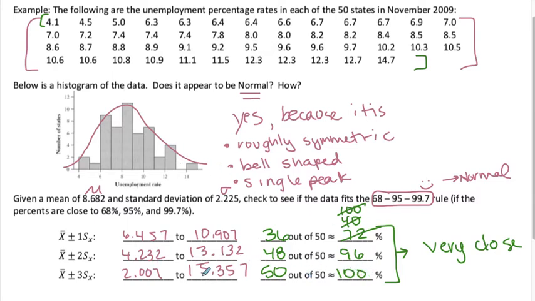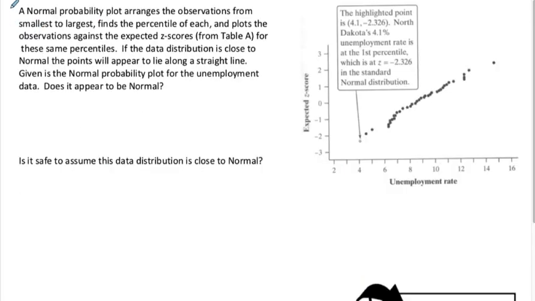So if I went 3 standard deviations and I still wasn't really capturing the entire observations, then I would say it's probably not fitting our normal distribution because we need to have no outliers as well. So another way that we can check for normal is a normal probability plot.